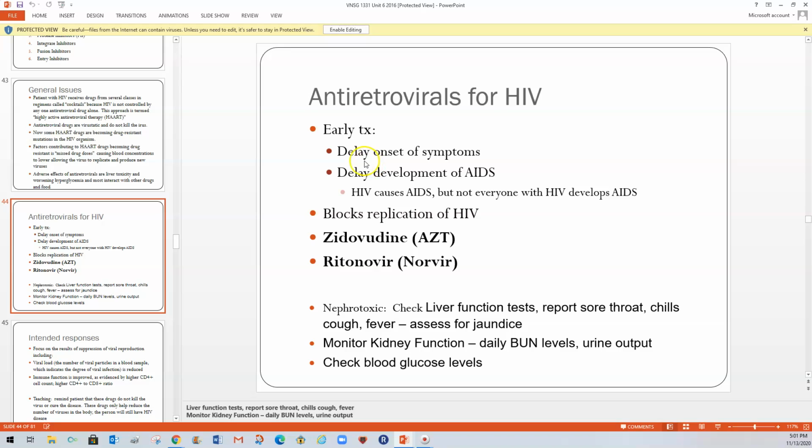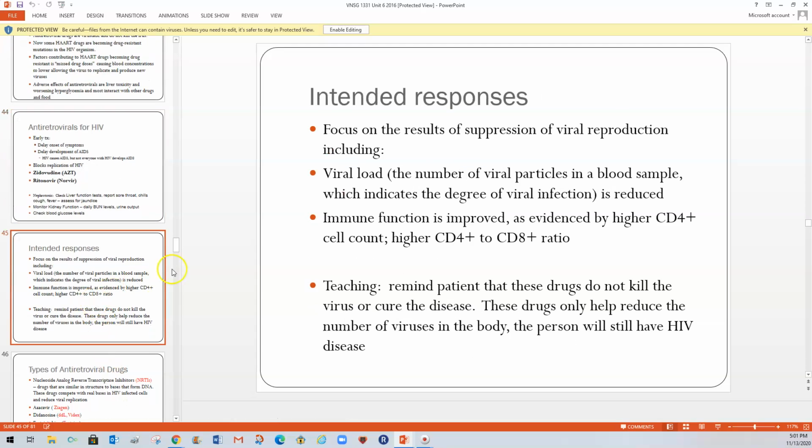Early treatment with antiretrovirals can get a delayed onset of symptoms, delayed development of AIDS, and blocks the replication. Here's the things you need to watch for. You need to watch for the viral suppression of the ability to reproduce.